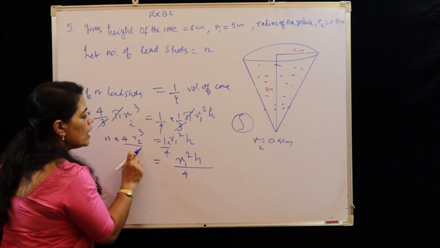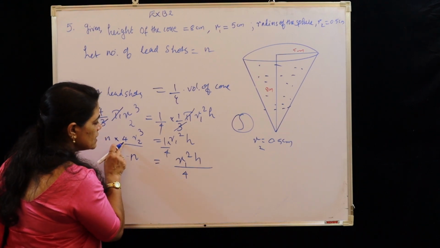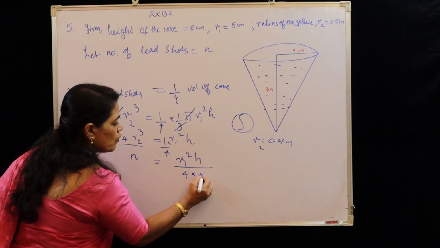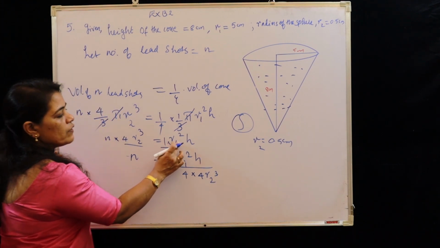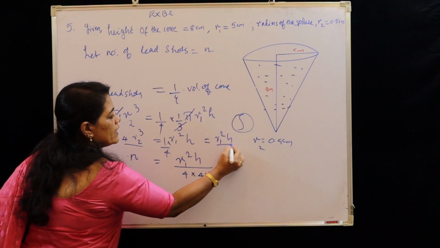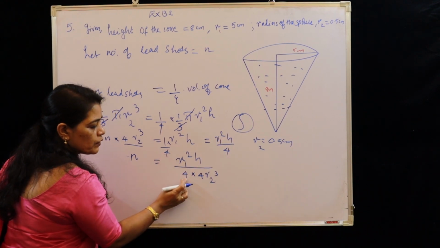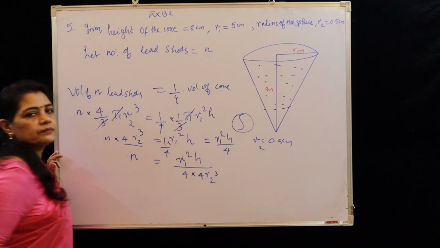So n equals R1 square h by 4, divided by 4 R2 cube. This R1 square h by 4 is divided by 4, and the 4 R2 cube is this term.